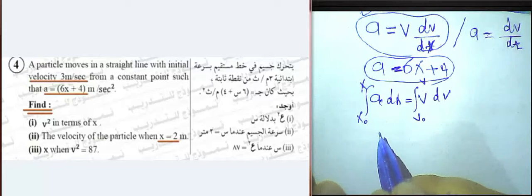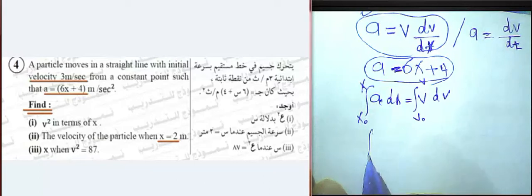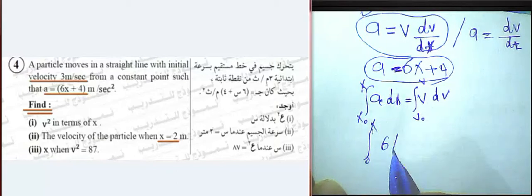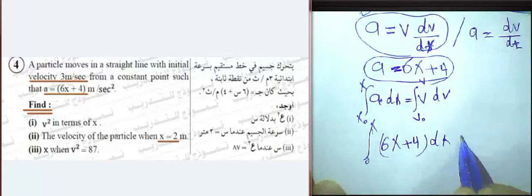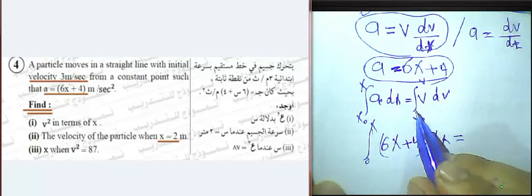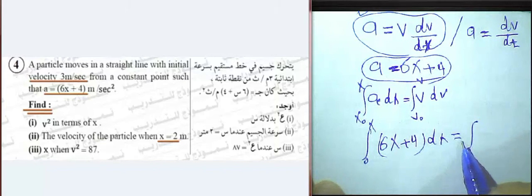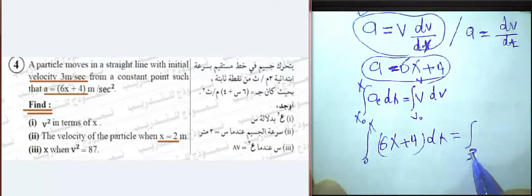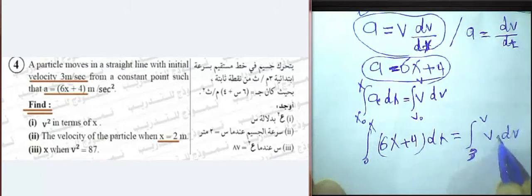We have a particle that moves in a straight line with initial velocity, so x here goes from 0 to x, and acceleration equal 6x plus 4, all dx equal integration of v from initial velocity. He gives us initial velocity equal 3 to v, multiply dv.